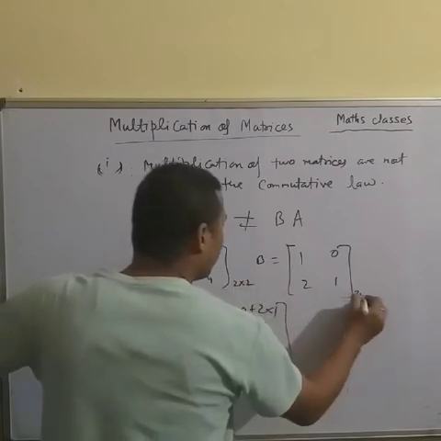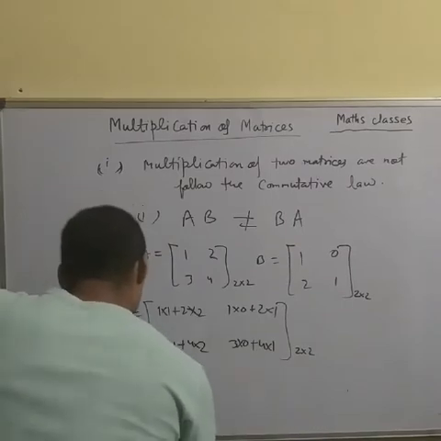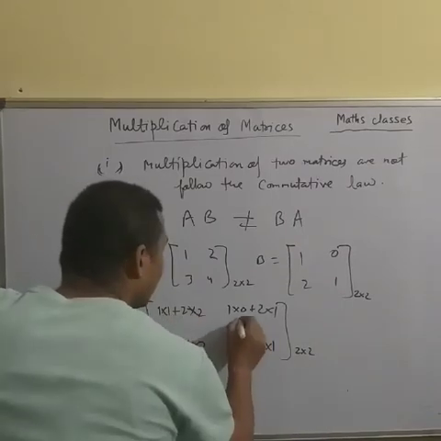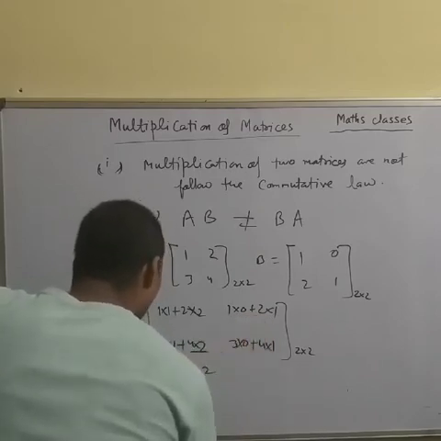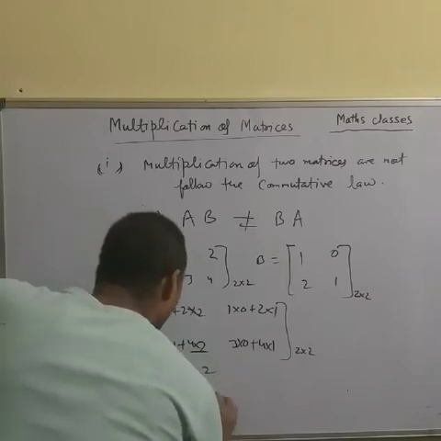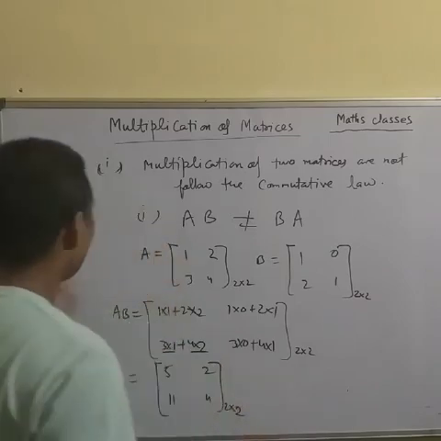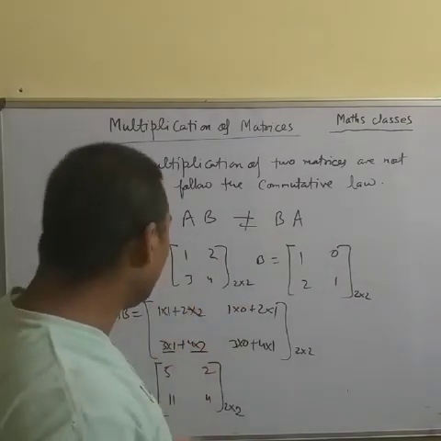Order 2 cross 2, 2 cross 2. This is also 2 cross 2. This is 1 plus 4, 5. This is 0 plus 2, 2. 3 plus 8, 11. This is 0 plus 4, 4. This is AB.